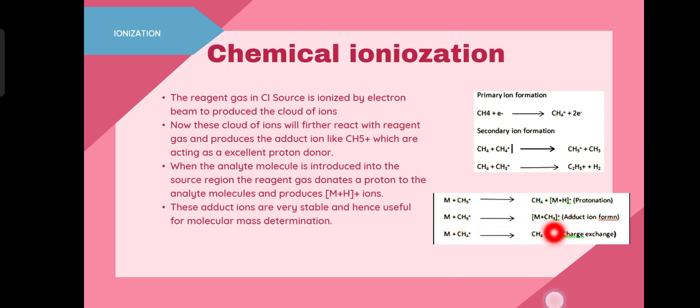Here A plus represents the analyte molecules. So by the charge exchange process, the ionization has happened, and now these protonated molecules will enter the analyzer for detection.